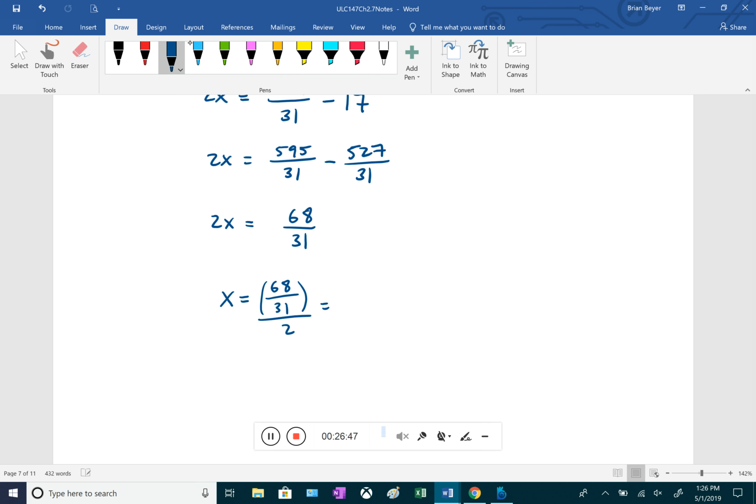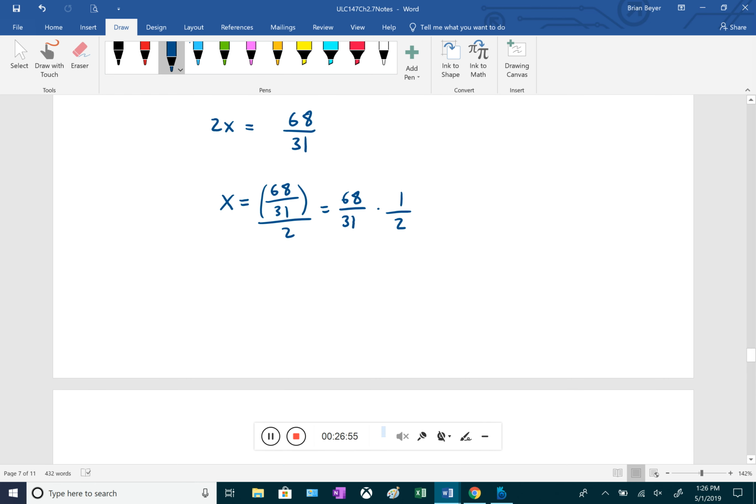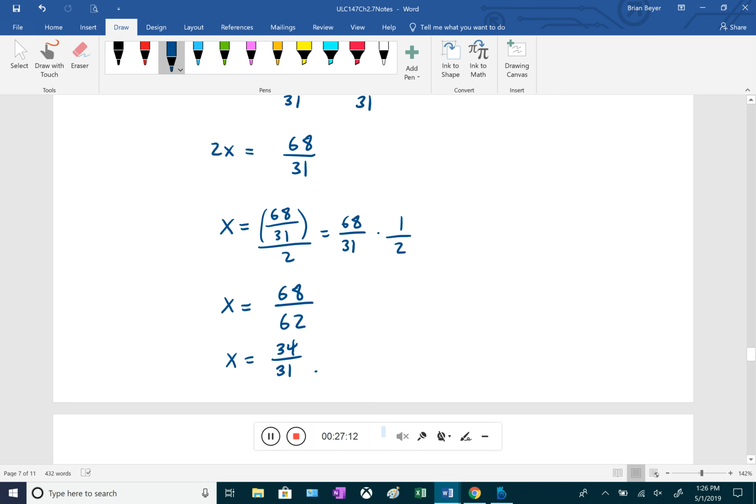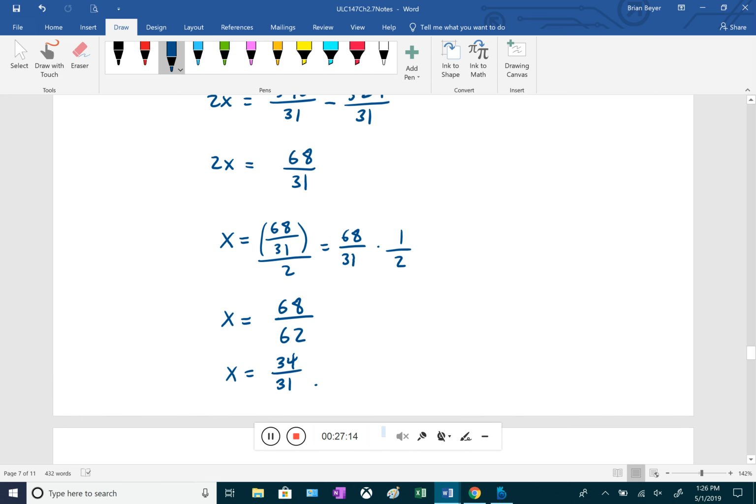You keep the first one the same, change to multiplication, reciprocate 2. So instead of dividing by 2, we can multiply by 1/2. That would give us 68 divided by 31 times 2. So 68 over 62 would give us 34 over 31 after we simplify it by a common factor of 2. And that would be as far as it goes.